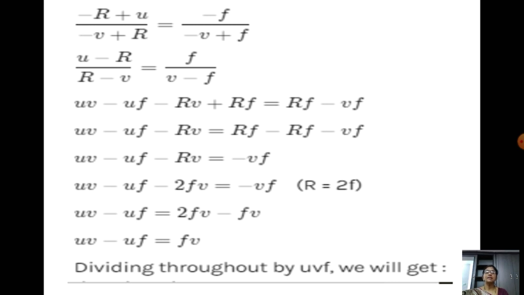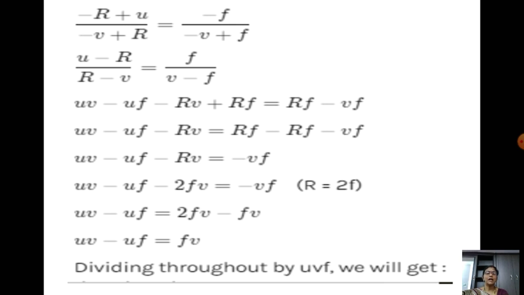On the right hand side, if you take minus F out, you can write F divided by V minus F. Now by cross multiplication and simplification, we get UV minus UR is equal to FV. In place of R, you have to substitute 2F, because the radius of curvature is twice the focal length, which we have already derived.